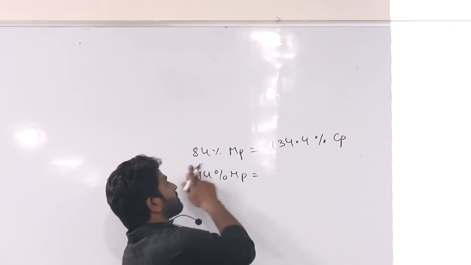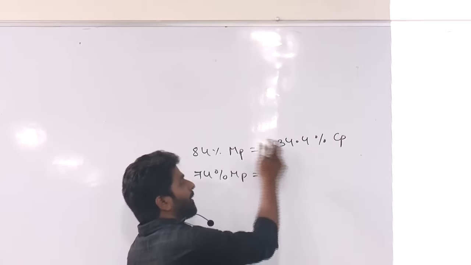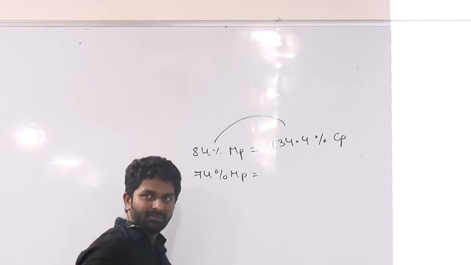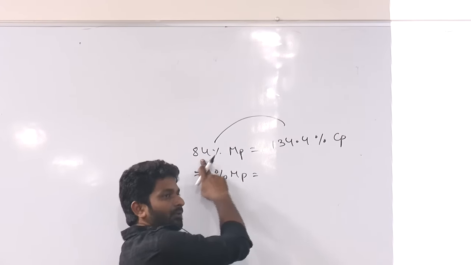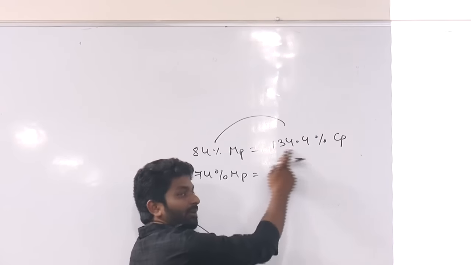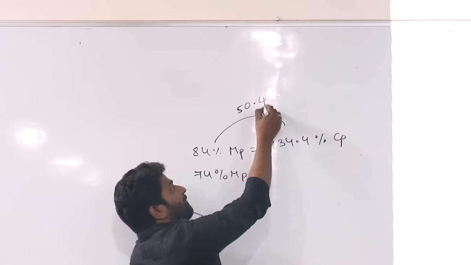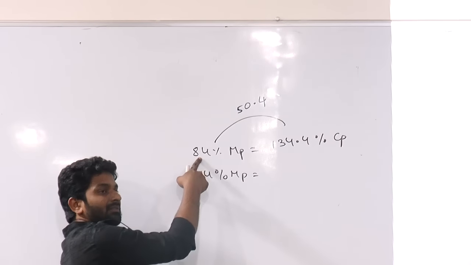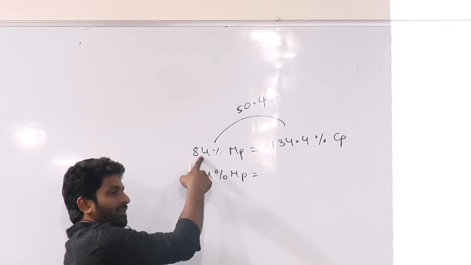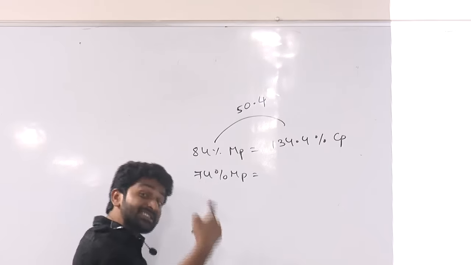Now, 84 and then 134.4. Let me go for horizontal comparison. One time of this number is 84. Apart from 84, how much extra number you have? 50.4, which is 6 times of this number. 10% is 8.4, right? 8.4 6 times.